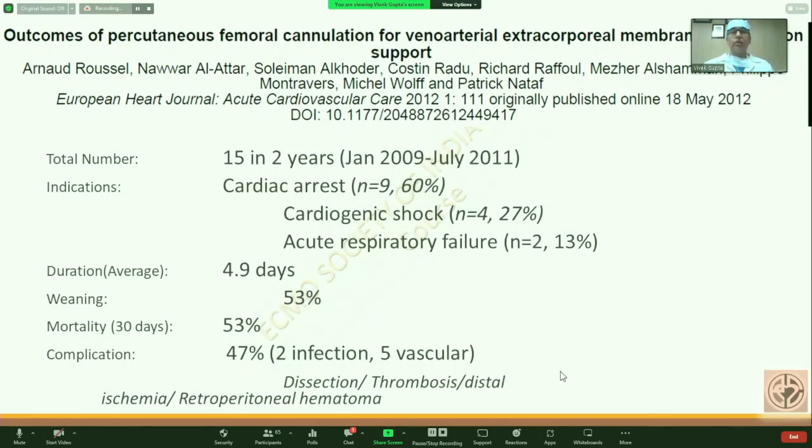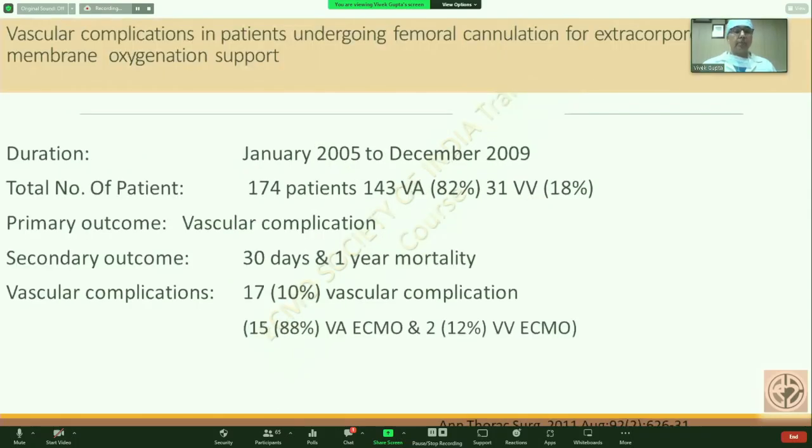So you can understand it is associated with a lot of complications. So it should be restricted only for emergent situations when you do not have a vascular surgeon, or you can't do it because the patient is having cardiac arrest, or you are doing an ECPR.